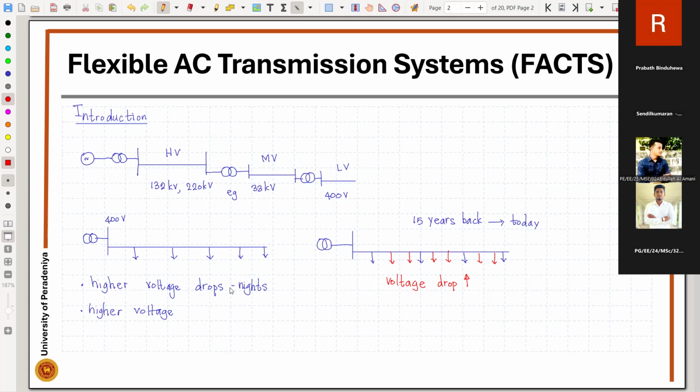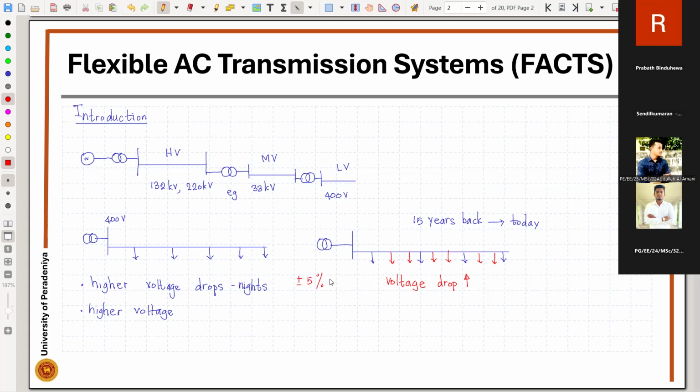Abdullah, what is the allowed variation? Sorry. Yes, sir. Can you repeat the question, please? If you consider a distribution network, what is the allowed voltage variation, plus or minus what percentage? Plus or minus 5%. Plus or minus 5%.